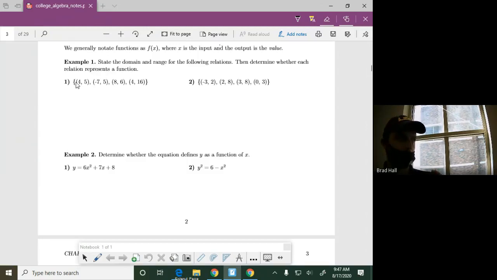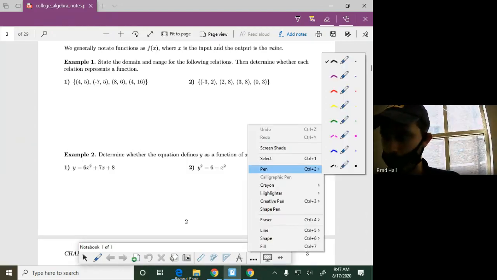It's these sets of parentheses, and these ordered pairs have an x value and a y value, an x value and a y value, and so on and so forth. So the domain is the collection of x values.